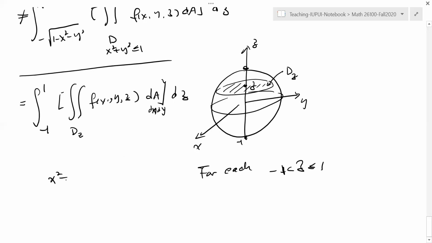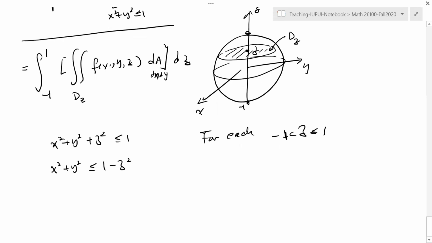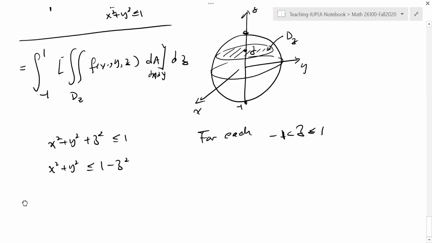x squared plus y squared plus z squared for any point inside the ball is less than or equal to 1. So for the point on this disk, x squared plus y squared is less than or equal to 1 minus z squared. So D sub z is actually determined by this inequality in two variables. It depends on z.